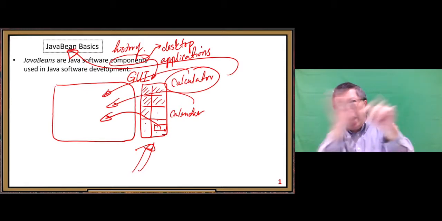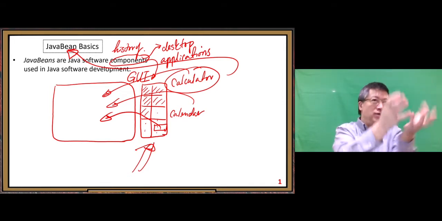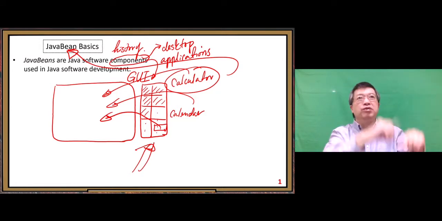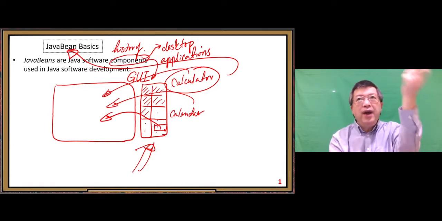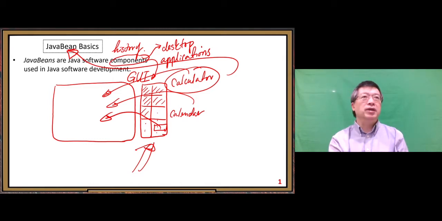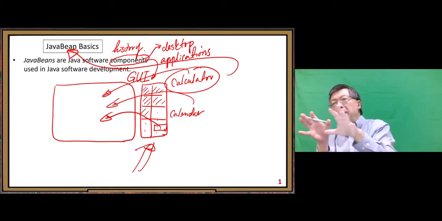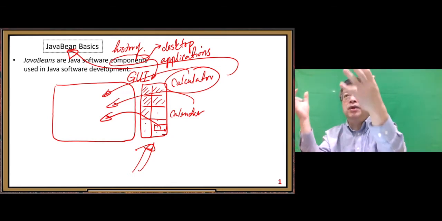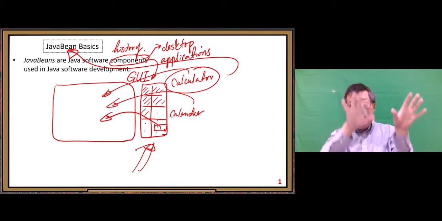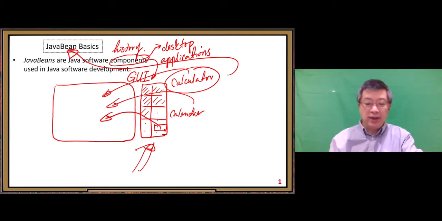So because JavaBean was already a proven technology, the Java team moved JavaBean technology and used it in web application development. So that is the history, the background about JavaBeans.